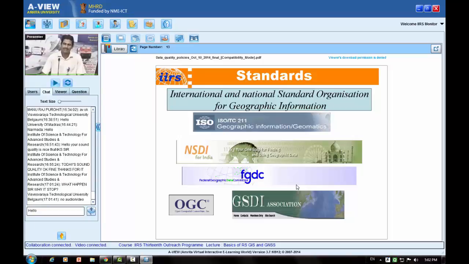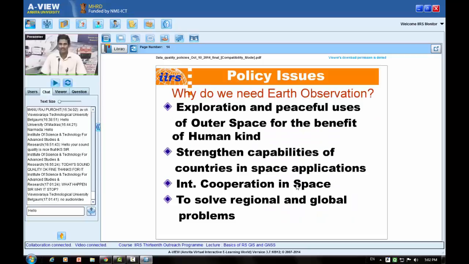Similarly, if national level organizations generate information, that should be made available and used for further developmental activities. So that talks about the standards. We talked about errors, and then quality, and then the standards, and then the policy. I said earlier also that policy plays an important role.